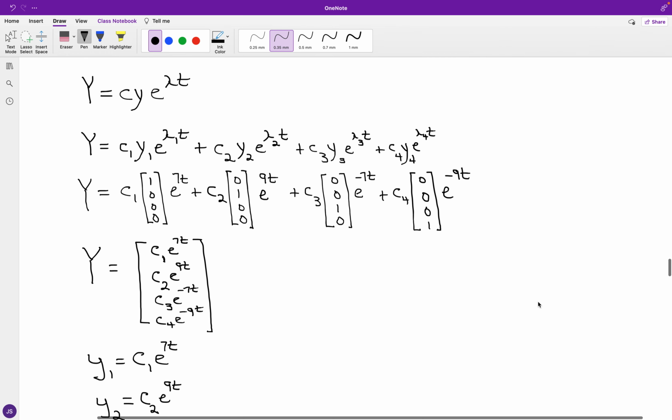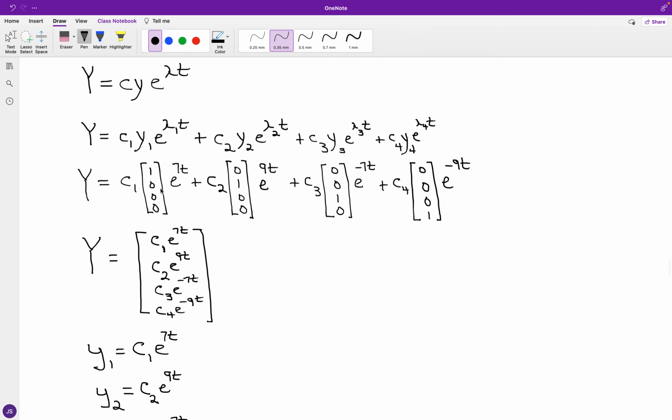So you have c sub 1 times the first eigenvector basis times e to the 7t, and c sub 2 times the second eigenvector basis times e to lambda sub 2 of t, which will be 9t, plus c sub 3 times the third eigenvector basis times e to the -7t, plus c sub 4 times the fourth eigenvector basis times e to the -9t.